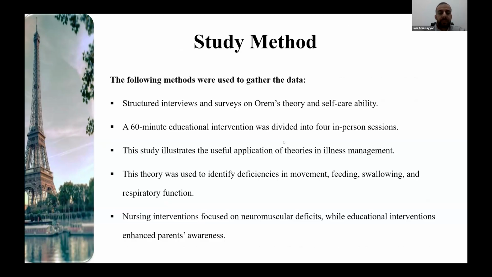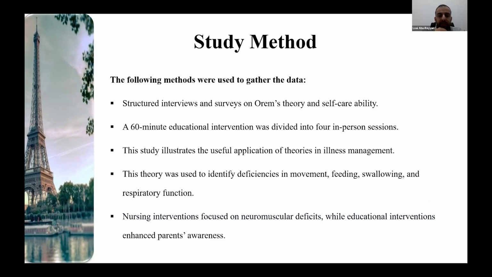The study methodology. The following methods were used to gather the data. First, structured interviews and surveys on Orem's theory and self-care ability. A 60-minute educational intervention was divided into 4 in-person sessions with the patient and family. This study illustrates the useful application of the theory in illness management.